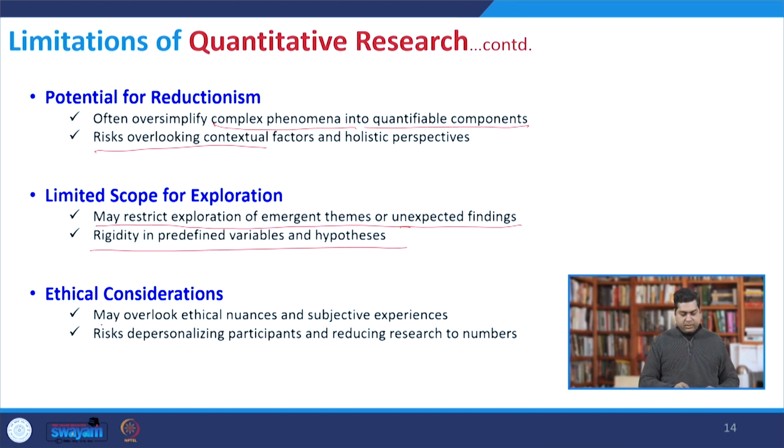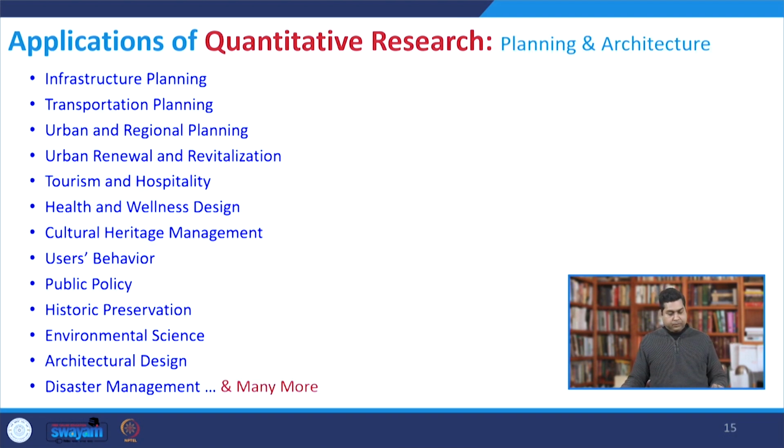Ethical consideration: sometimes it may overlook ethical nuances and subjective experiences, depersonalizing the participants and reducing the research to just a number. Definitely there are certain limitations. So if you want to measure some subjectivity or qualitative aspect, then only a quantitative approach will not be adequate, and you can go with the qualitative approach.